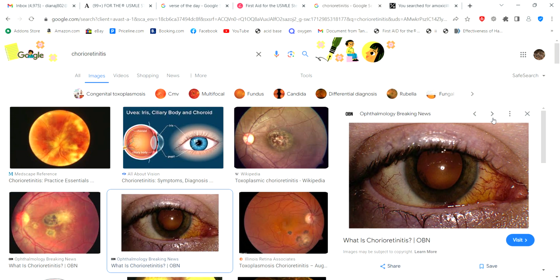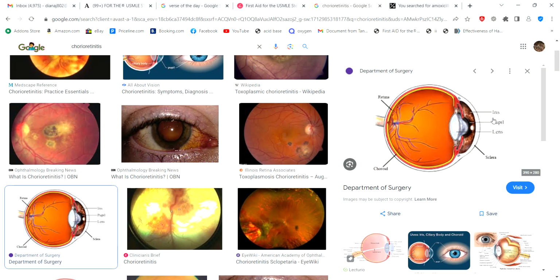That's what it looks like. Inflammation of the choroid and retina in the back of the eye, right here. So it's not the cornea, okay? It's the retina and the choroid. Okay? Alright.